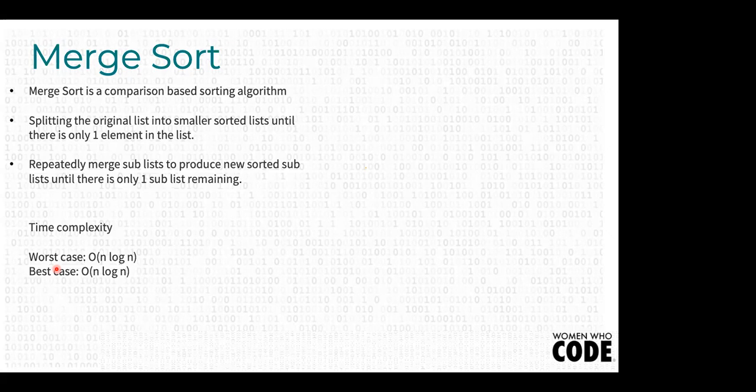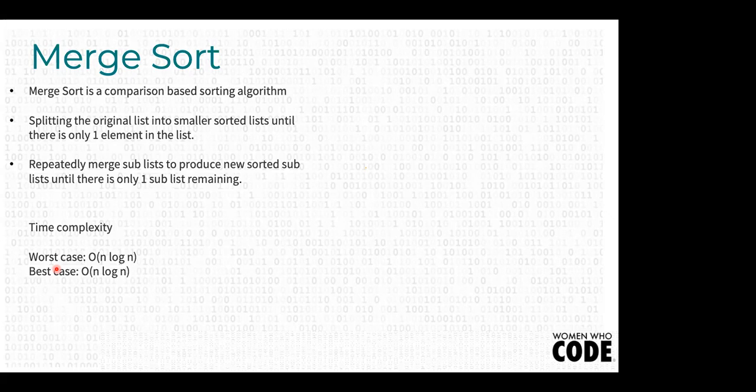Once you reach only one element, then you merge the elements that we have split, compare and merge them. And the complexity for merge sort would be n log n in worst and best cases.